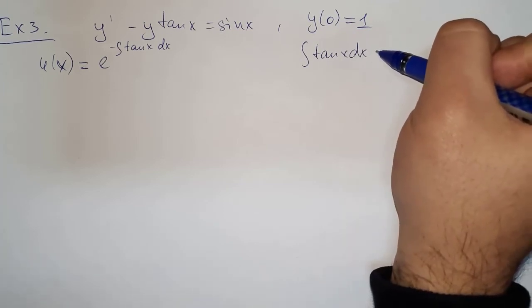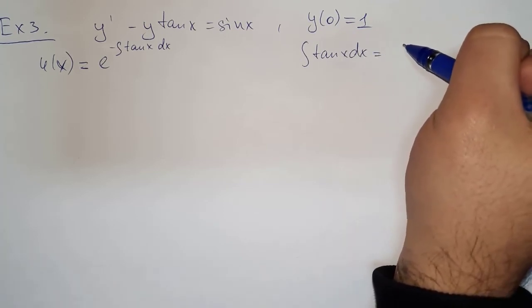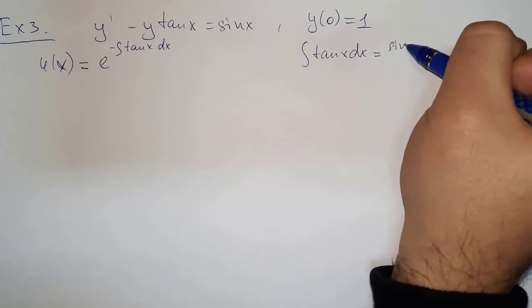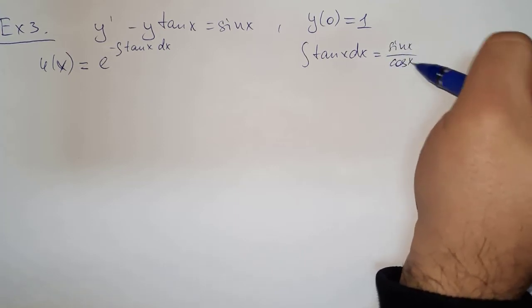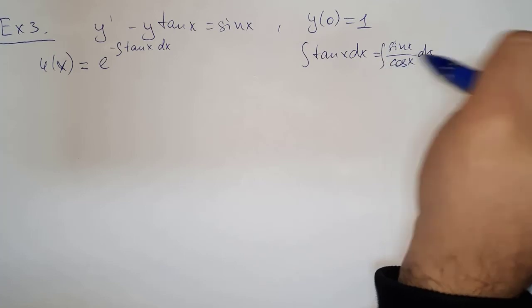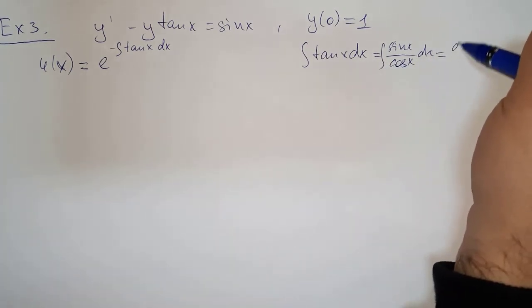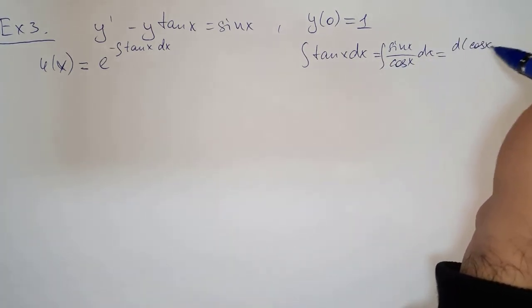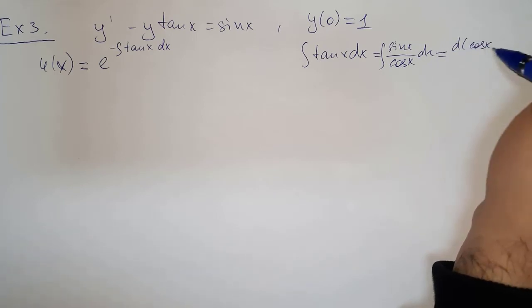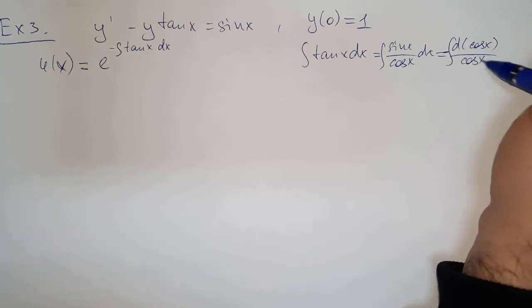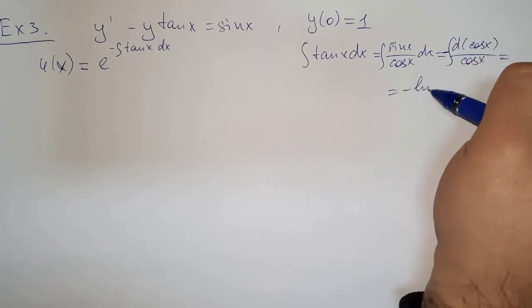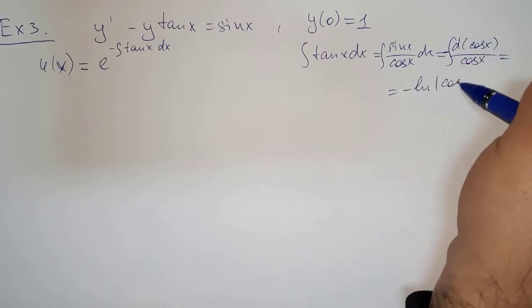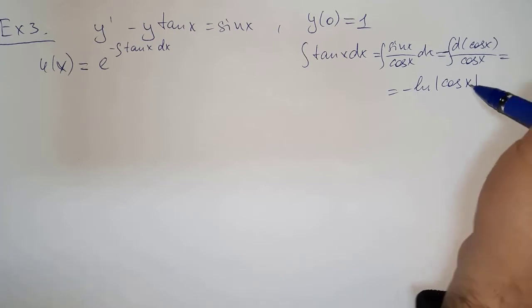We did such examples using sine x over cosine x dx. We can write it as the differential d cosine x with minus, over cosine x, so this is minus natural logarithm of cosine x, plus a constant.